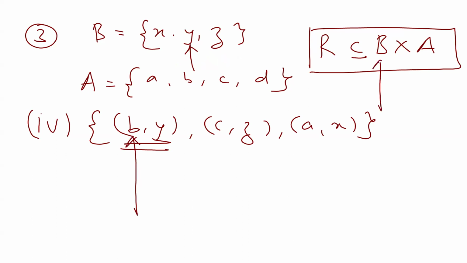The first component should be from set B, right? So this is not a relation from B to A.